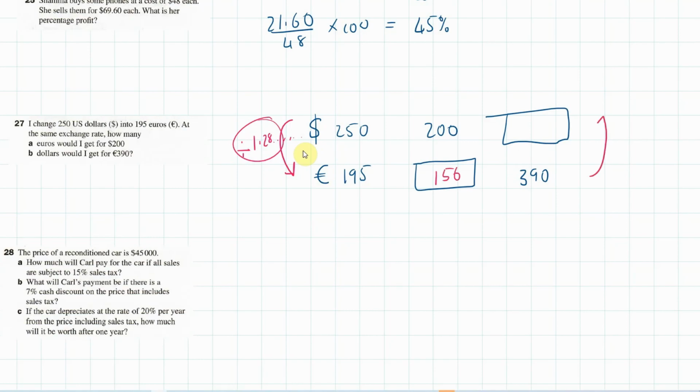Now, to go this way, I'm going to times by that 1.28. So I go 390 times by that answer, and I get $500. Okay? So that's how you do those ones. Big thing, don't round your numbers. Save it in your calculator, like save it as A or something, and then use the unrounded number.